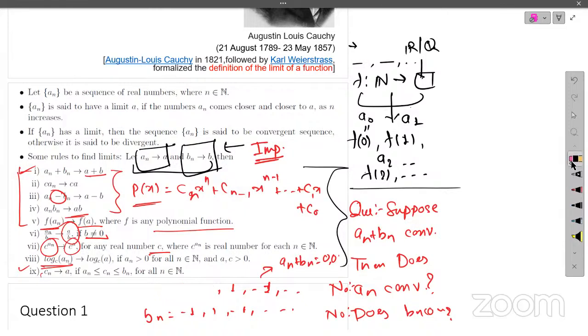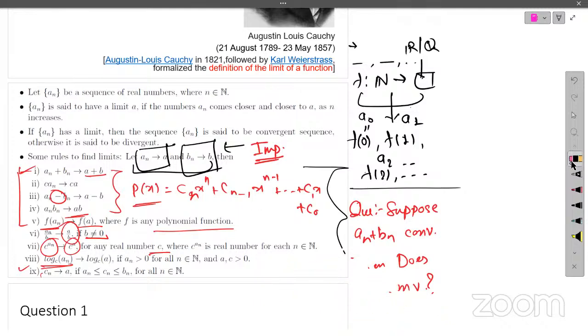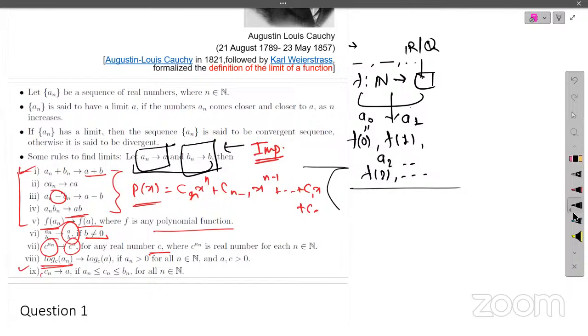So let's try to understand what this is. The sandwich theorem says that if you have three sequences and one sequence is getting clustered between two sequences, then that sequence also converges to the same limit. Suppose we have three sequences aN, bN, and cN.